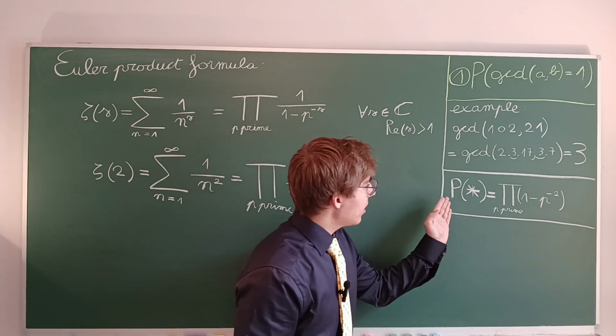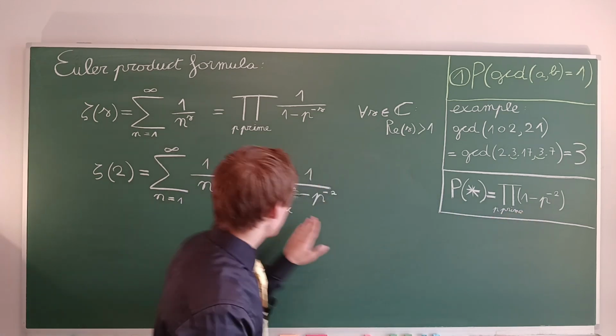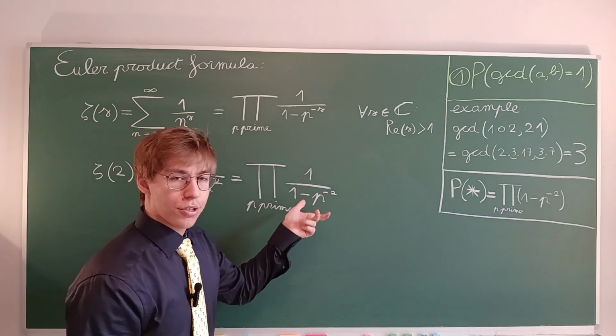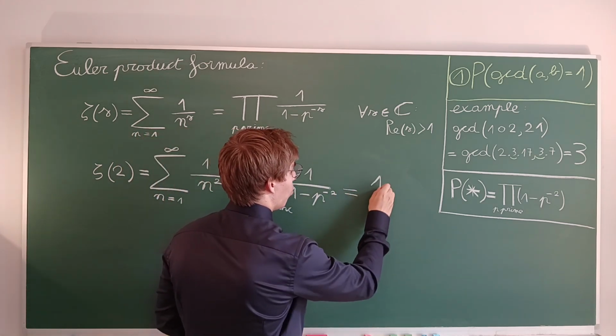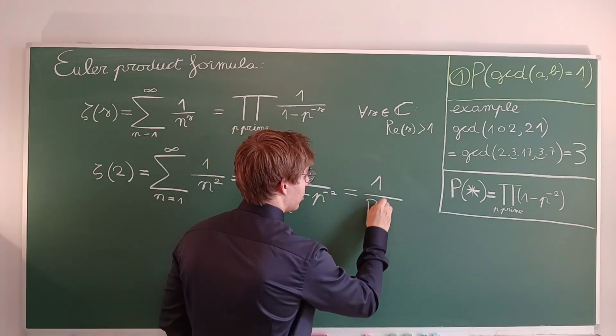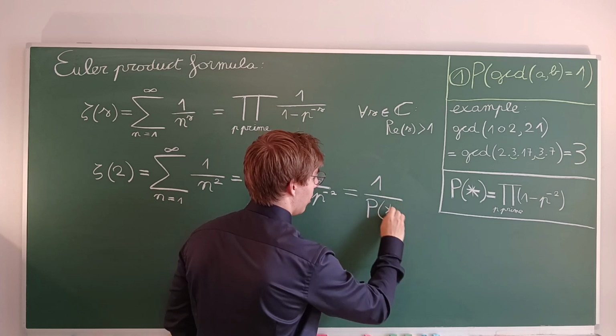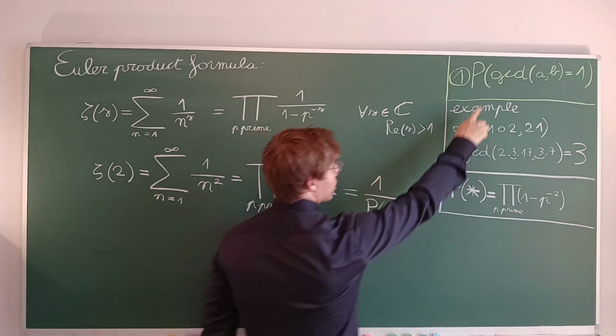Now look at this. We have almost the same. We have just the inverse. So this is equal to 1 over the probability that we want, which is this probability.